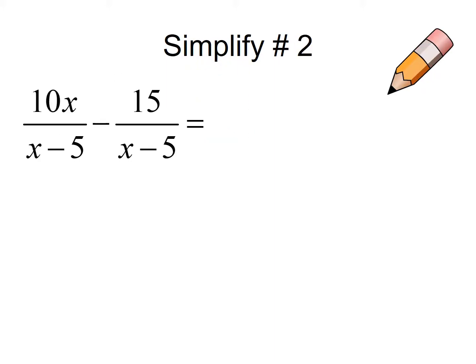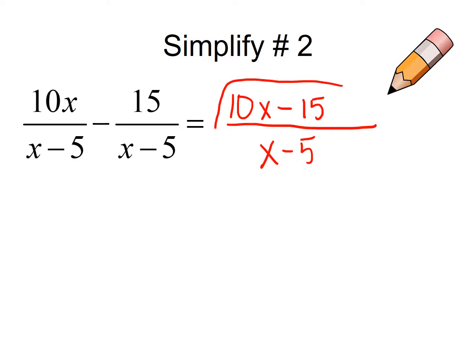On the next example, example number 2, we're all over a common denominator of x minus 5, and in my numerator I have 10x minus 15. But 10x and 15 aren't like terms, so all we can do is say 10x minus 15 all over x minus 5. But am I done? Maybe we can divide out something like we've been doing. Remember, that last step is simplifying the expression.